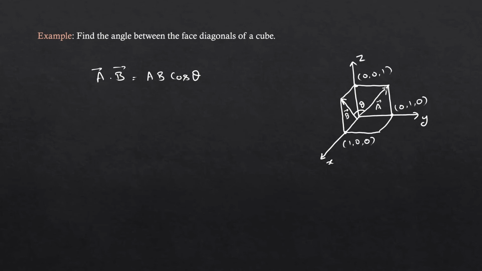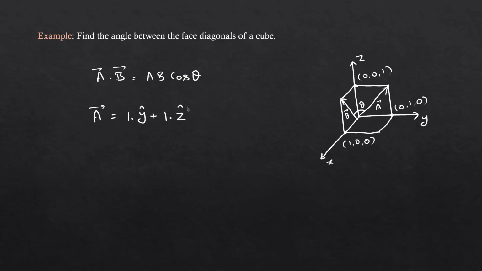So what is vector a? Vector a is in the z and y plane, so it will be 1 unit in y direction and 1 unit in z direction. So vector a is 1 unit in y direction plus 1 unit in z direction.